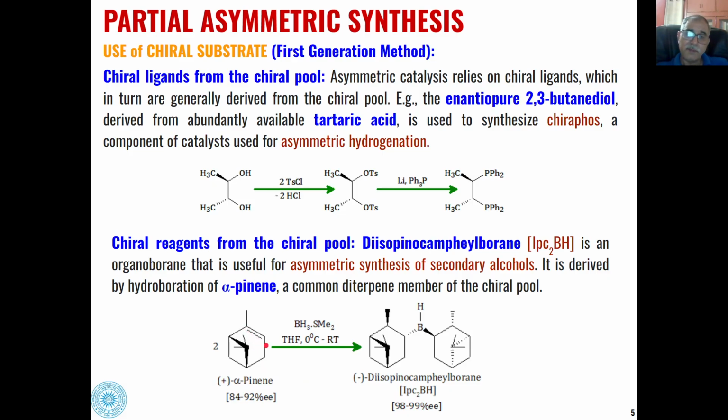When alpha pinene undergoes hydroboration reaction, then addition of borane to this carbon-carbon double bond will take place. Two molecules of alpha pinene will give us this optically active organoborane, that is diisopinocampheyl borane, which will act as a catalyst for asymmetric synthesis of secondary alcohols.